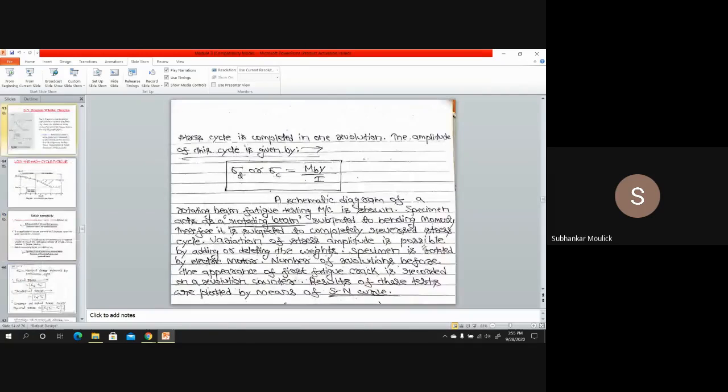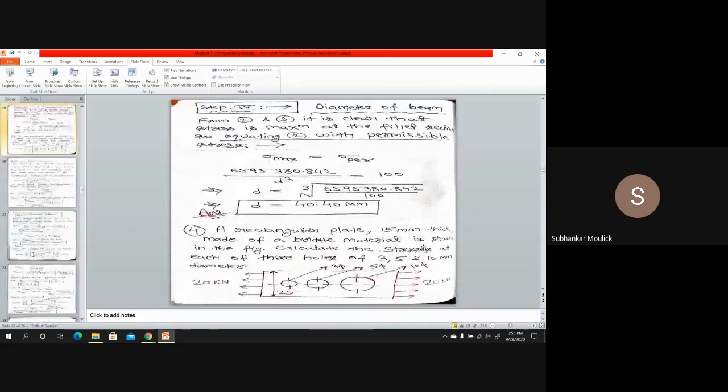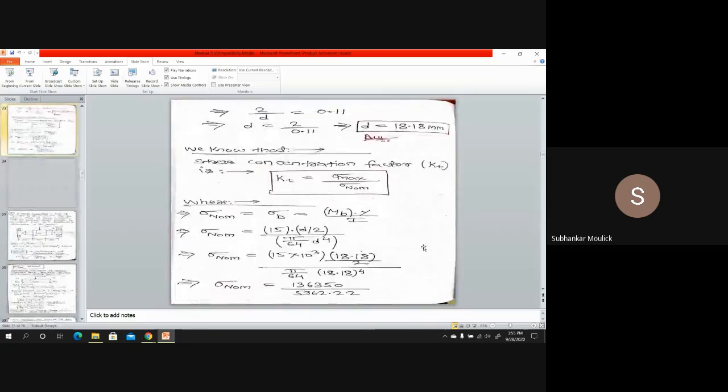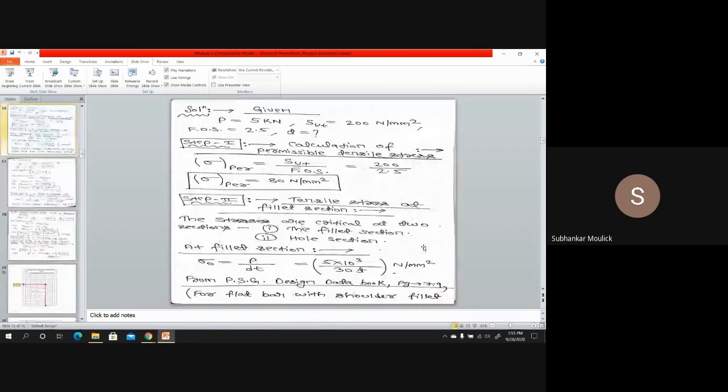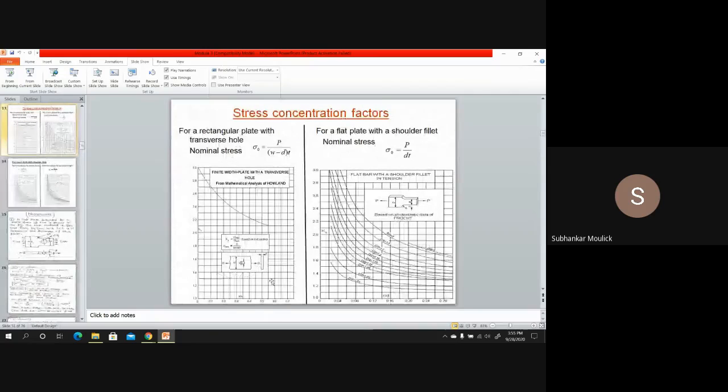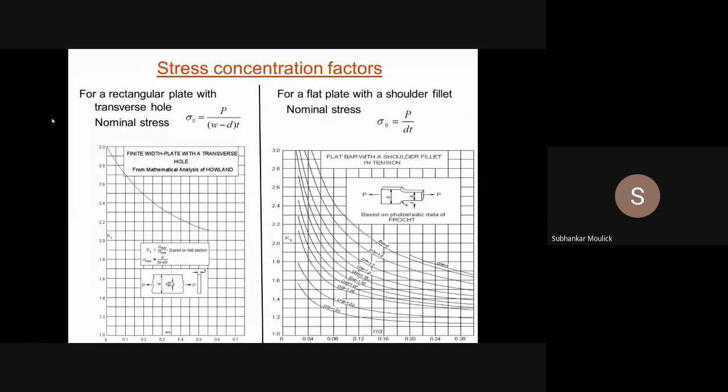a by W is 0.2. This is my a by W value, 0.2. So if I go vertically upward, it is touching this graph at this particular point. From this point, if I go along the negative x direction, I have to stop at this particular point, and I know this y-axis represents Kt.